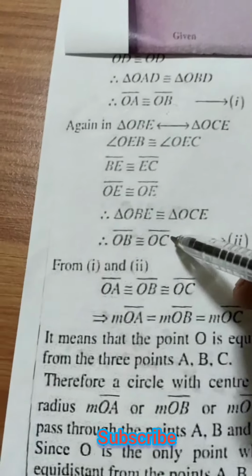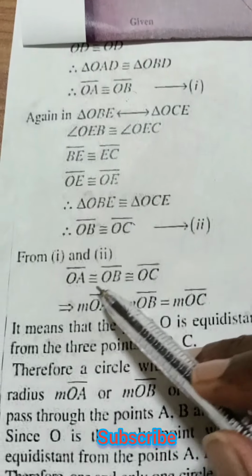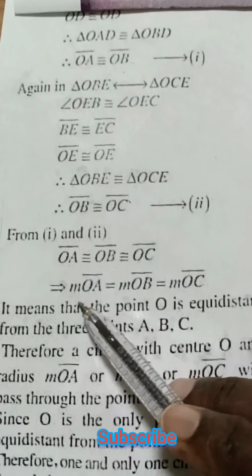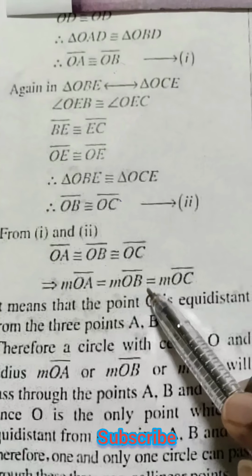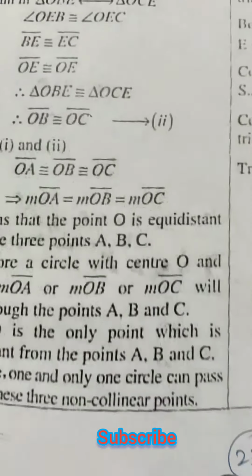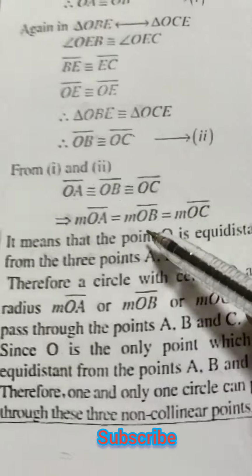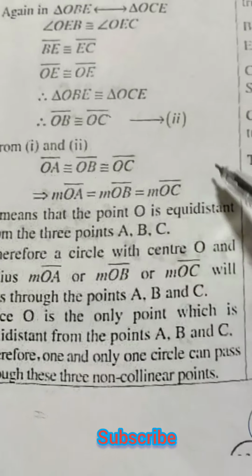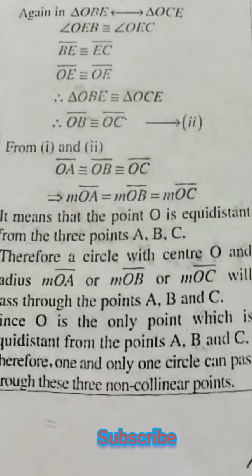If we combine these two, we get OA congruent to OB congruent to OC. If these are equal, their measures are also equal: m of OA equals m of OB equals m of OC. With the center O, we have found that OA, OB, OC are all equal. So we can draw one circle through these three points.